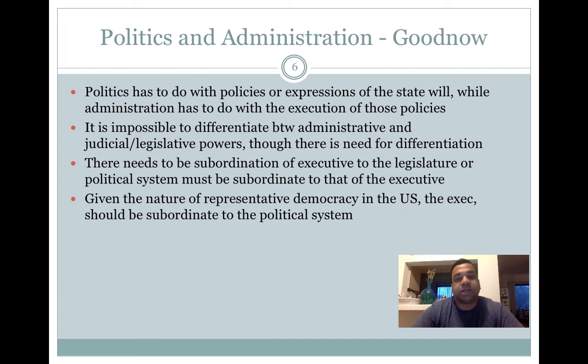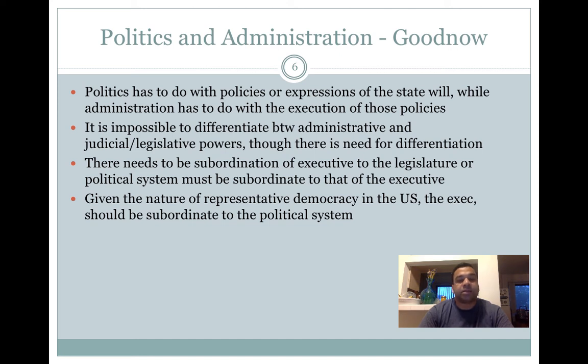And essentially, Goodnow is saying that there is a need for differentiation of powers between the administrative, judicial, and legislative and bureaucracy. However, he says it's impossible to sometimes make this differentiation. So they have to work in tandem.